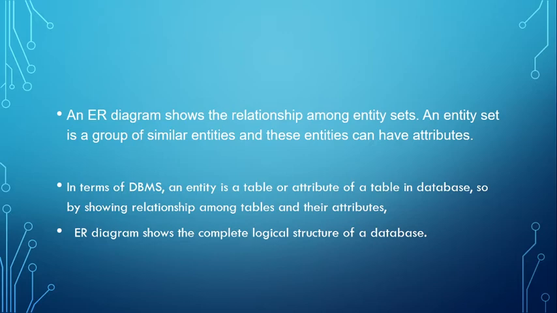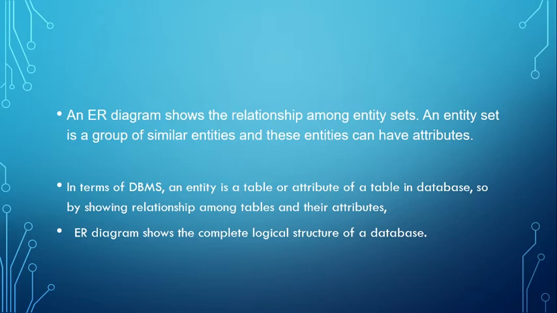In terms of DBMS, an entity is a table, and attributes are the columns of a table in the database. So by showing the relationship among tables and their attributes, this is a relationship among attributes and the entities.